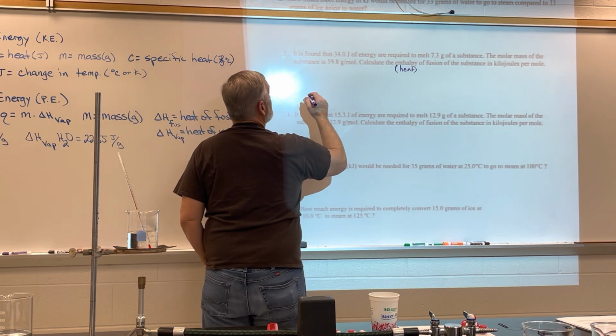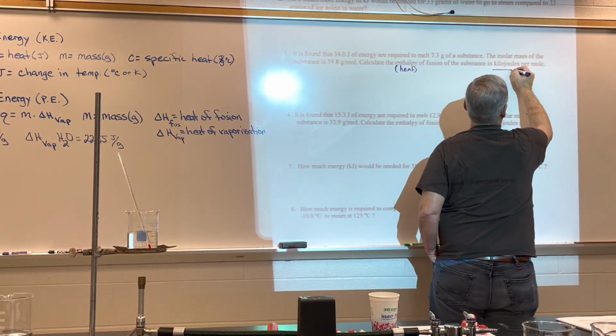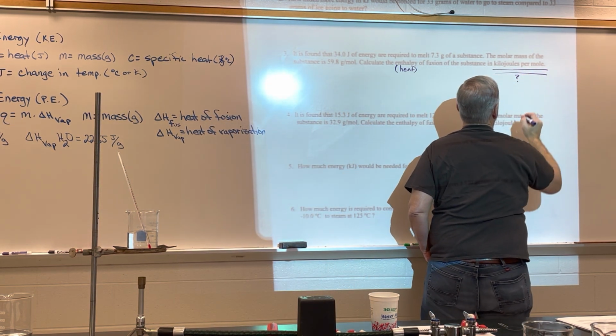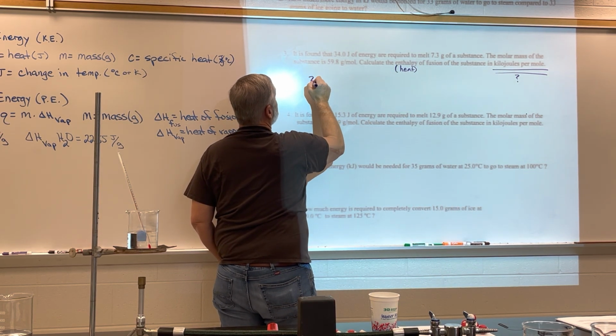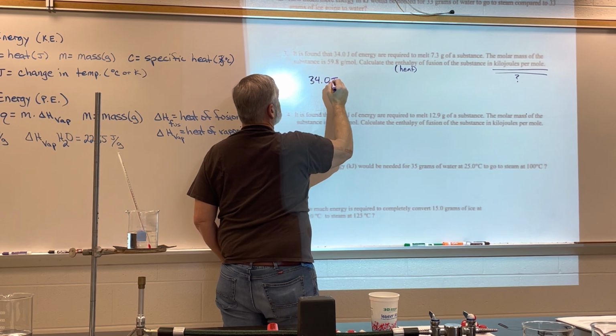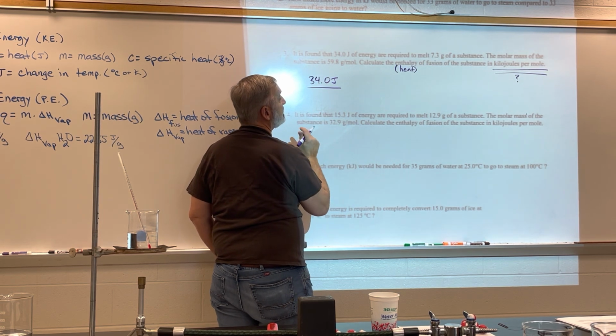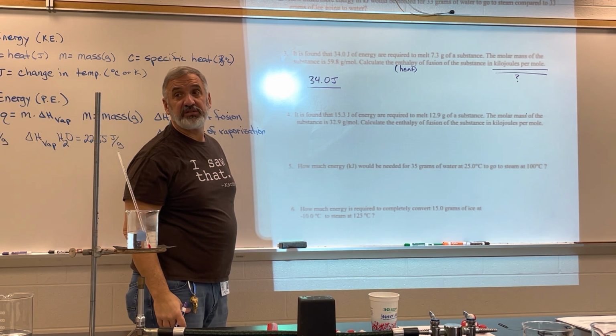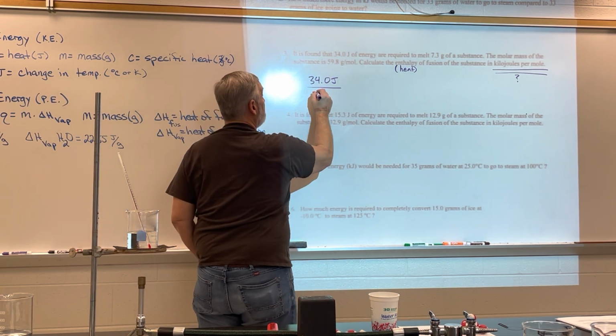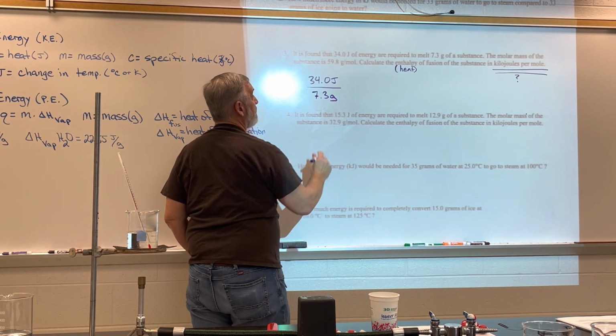Okay? So this is my question here. So I'm given 34 joules per how much? How much melts? 7.3 grams.